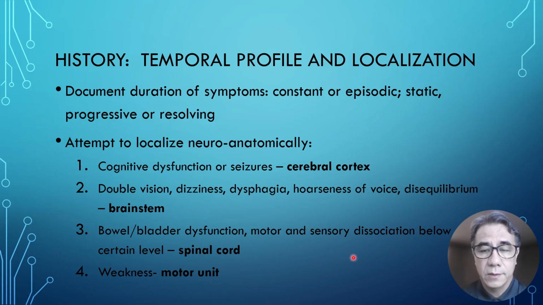If the patient has a sensory level, a dermatomal level, along with motor dysfunction, bowel and bladder dysfunction, consider a spinal cord problem. And if there is weakness, it could be any part of the motor unit, from the brain to the spinal cord to the peripheral nervous system, and including the muscles.